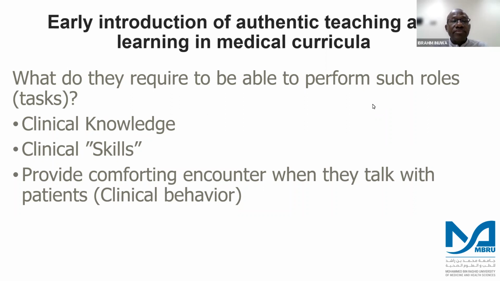In other words, to be able to have a demeanor, to be able to have a certain behavior that is comforting to their patients. They need to be able to interact with their patients in the professional manner expected of an intern. So fairly straightforward. These are the requirements to be able to perform the task of an intern.